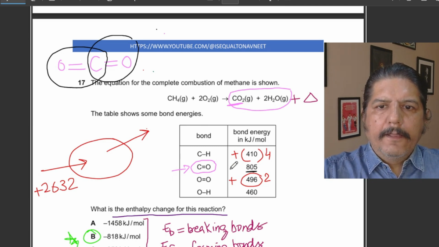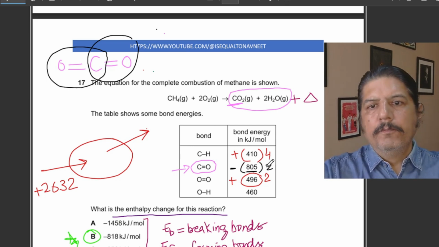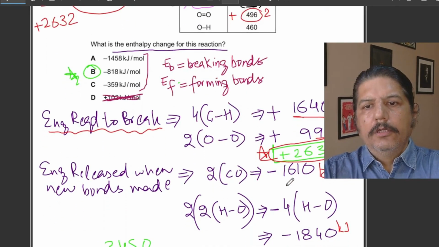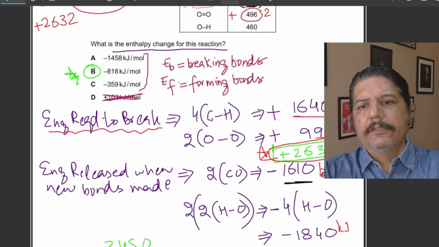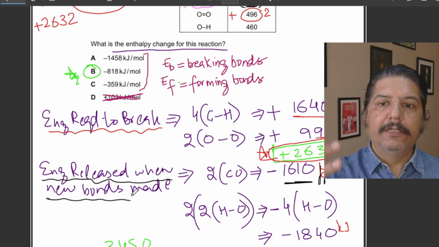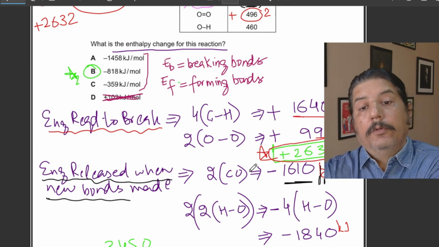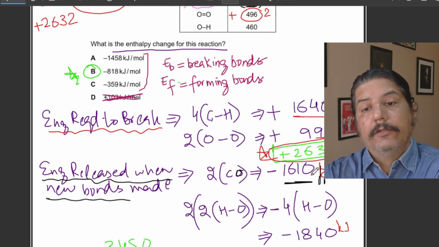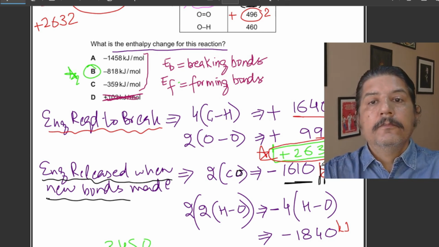Because energy is released, it is negative, and this has to be multiplied by 2. So 1610 kilojoules of energy is released. Please understand that when new bonds are made, energy is released. So for 2 CO bonds being made, this is the amount of energy which is released.